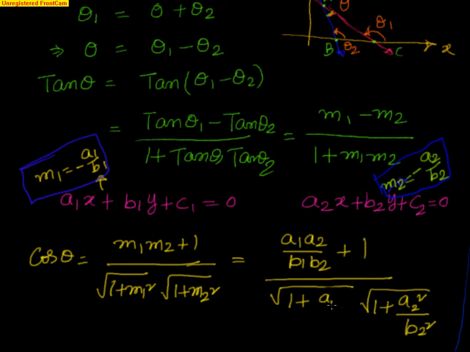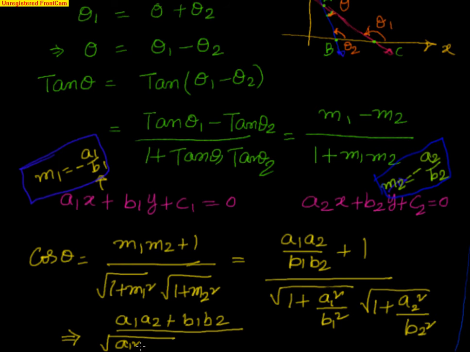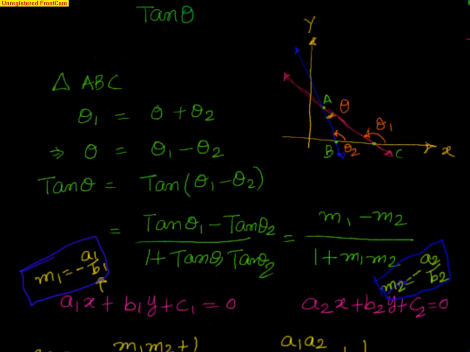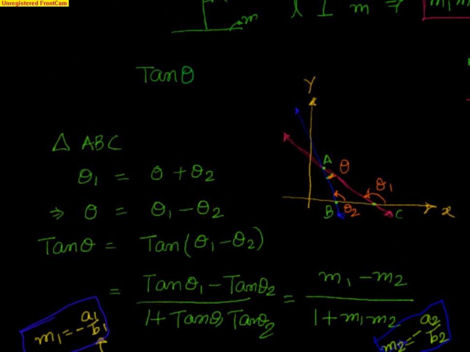This is a1 square by b1 square, right? This is nothing but equivalent to (a1 a2 plus b1 b2) by square root of (a1 square plus b1 square) into square root of (a2 square plus b2 square). That is nothing but the value whenever you want to say it in terms of cos theta.